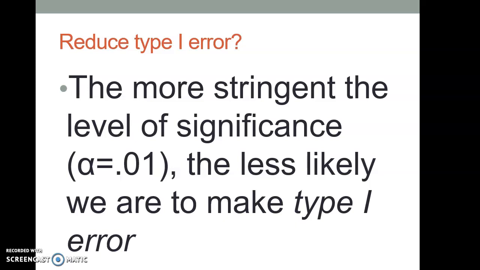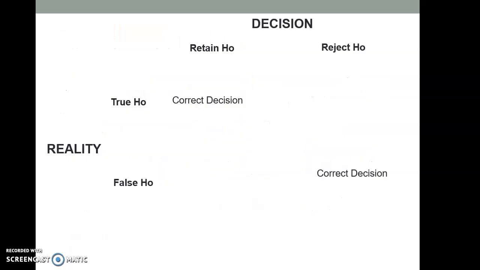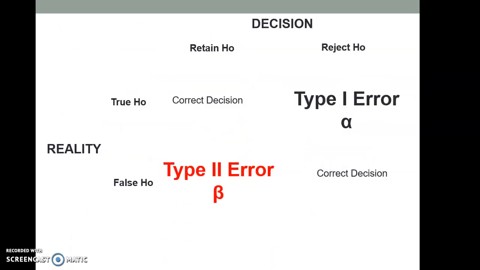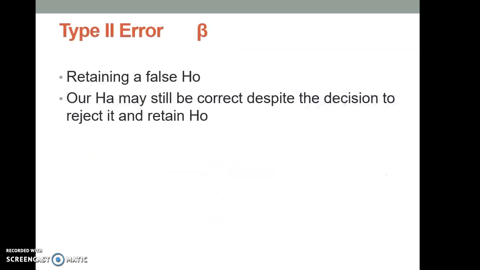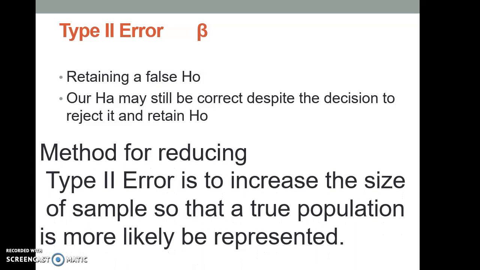So we only tolerate 1% of error instead of 5%. So that reduces type 1 error. How about type 2 error? How do we reduce it? For reducing type 2 error, you have to increase the size of the sample so that a true population is more likely to be represented.